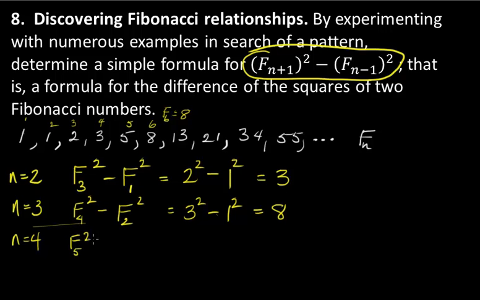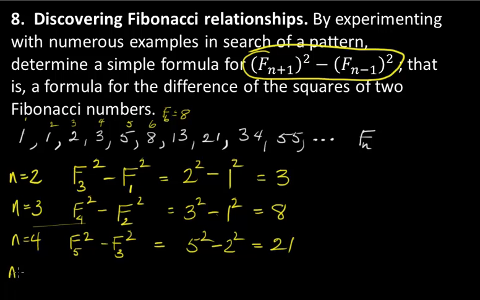f5 squared minus f3 squared. Plugging in the value of n, 4, and getting n plus 1 and n minus 1 for our subscripts. So the fifth Fibonacci is 5. This is 5 squared. The third Fibonacci is 2, 2 squared, 25 minus 4 is 21.